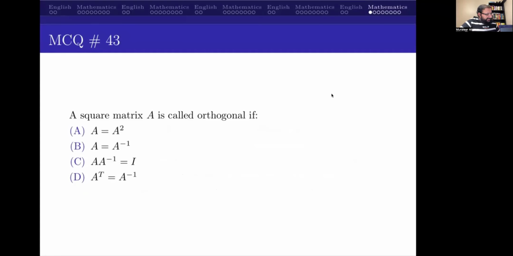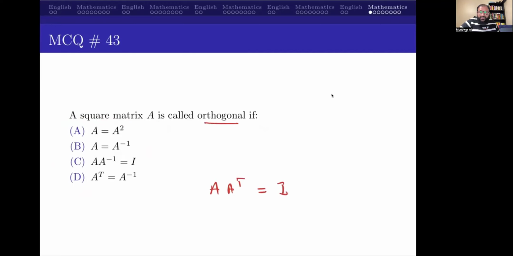It says that a square matrix A is called orthogonal if which property of this is true. I have changed MCQ option D here because it was not correct in the exam, but I'm going to tell you what the property is. If you take A and multiply with its transpose, you get the identity matrix.